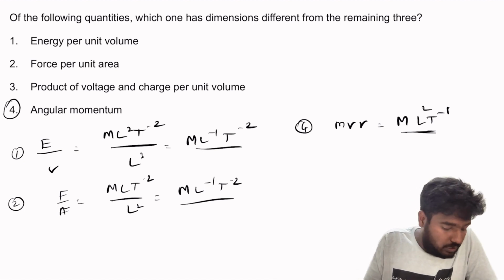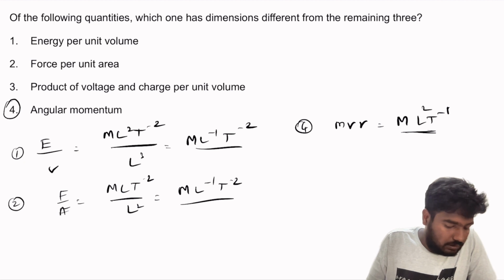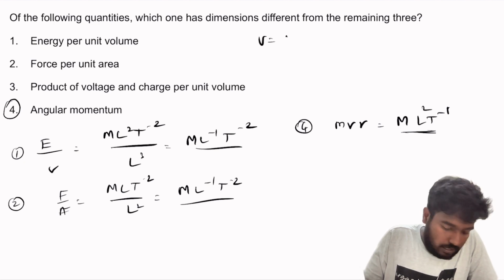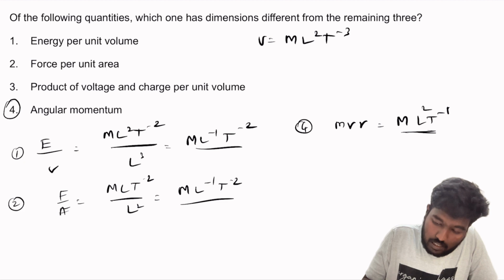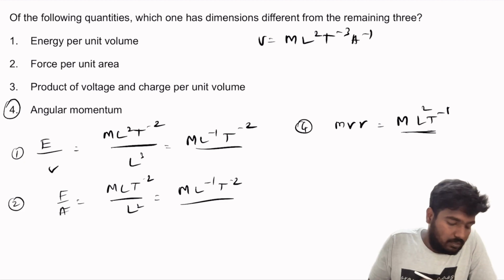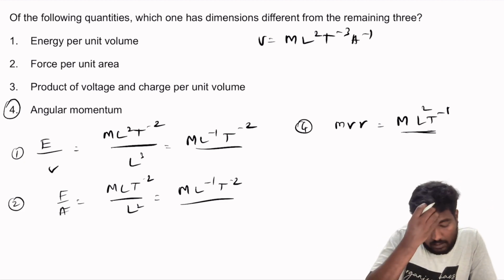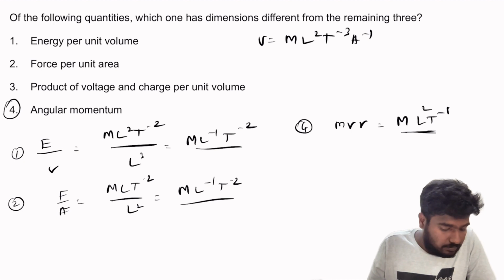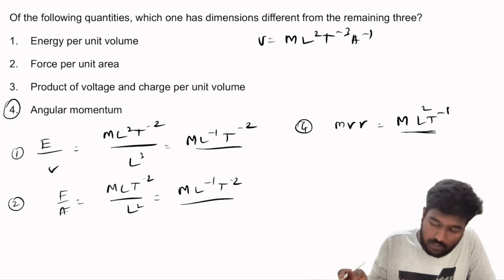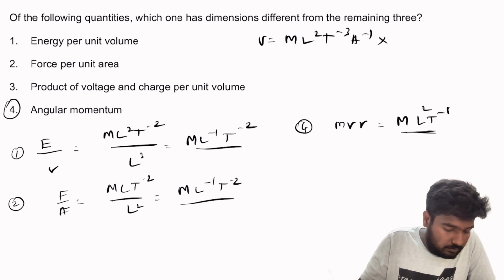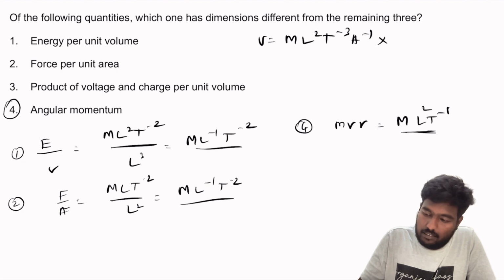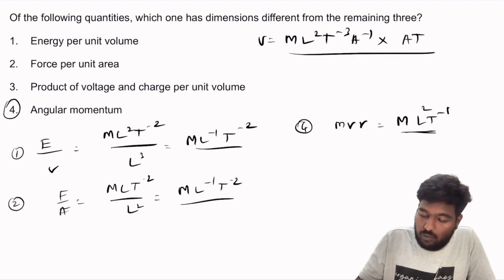Voltage is M L square T power minus 3 A power minus 1. The product of voltage and charge: charge is current into time, so A into T, divided by unit volume, which is L cube.